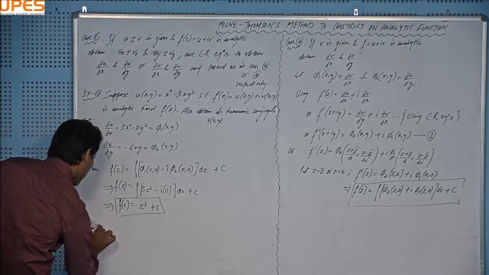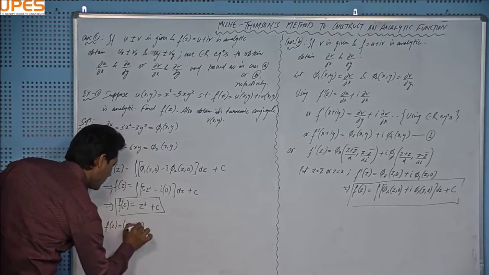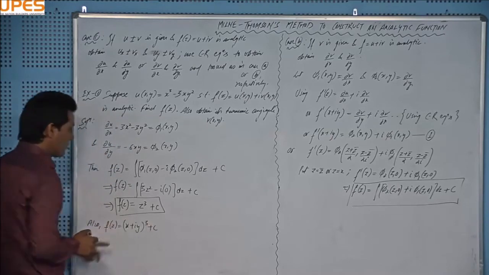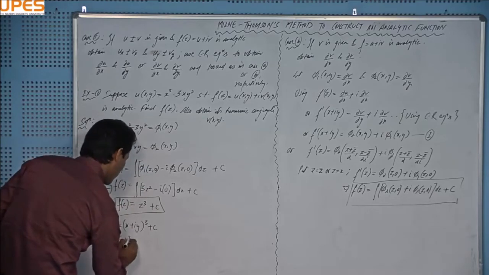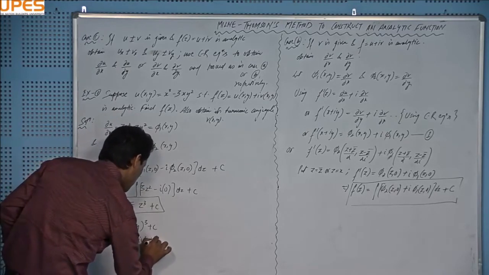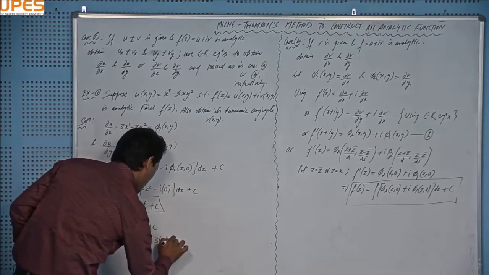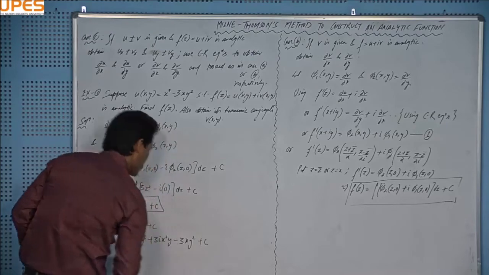Also f z equal to x plus iota y whole cube plus c, and then you can open it, and on opening it you will get x cube minus iota y cube plus 3 iota x square y minus 3 x y square plus c, right?